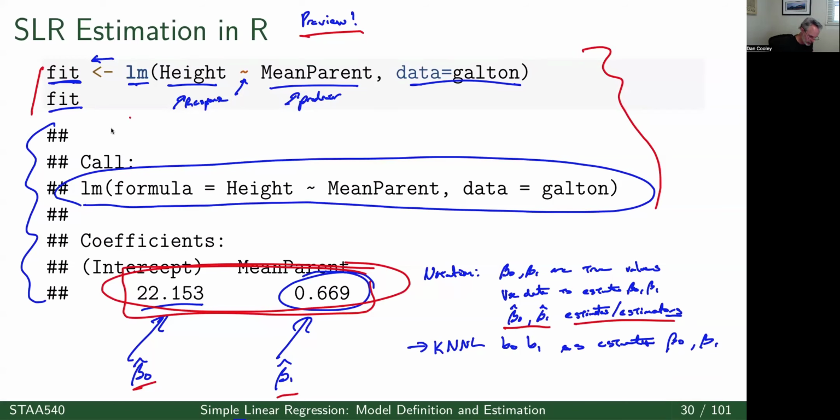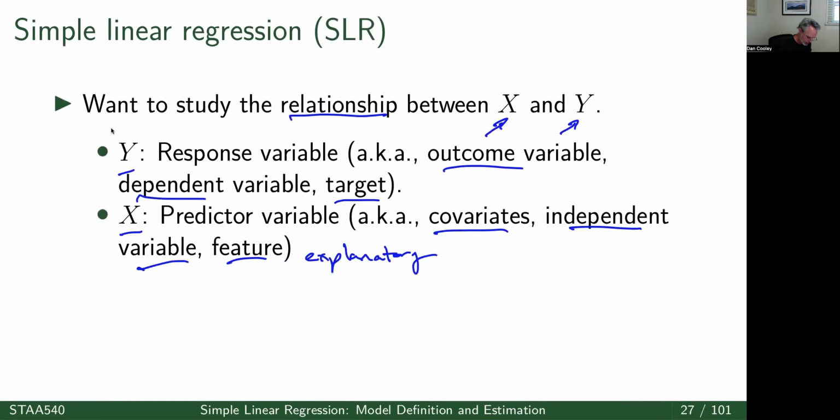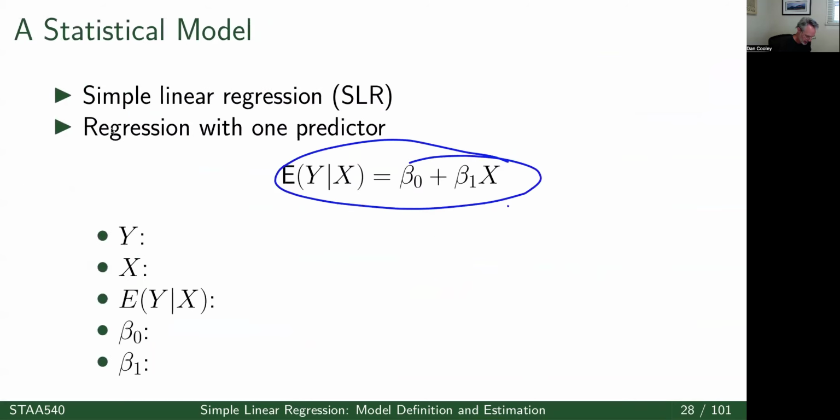I want to go back and cover some slides that I skipped over, namely slides 28 and 29, which I'm going to pair with 30 and 34 because I think they go together.